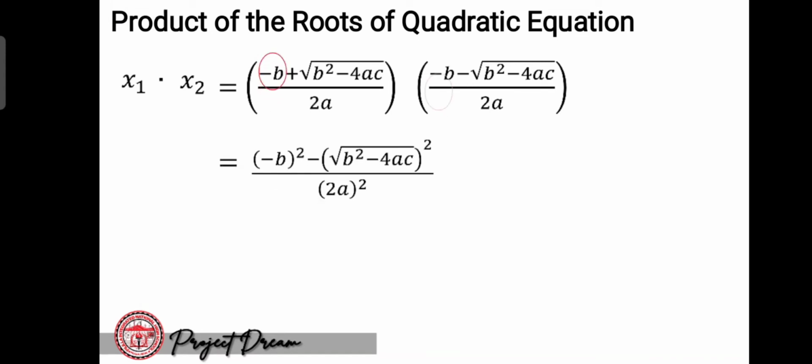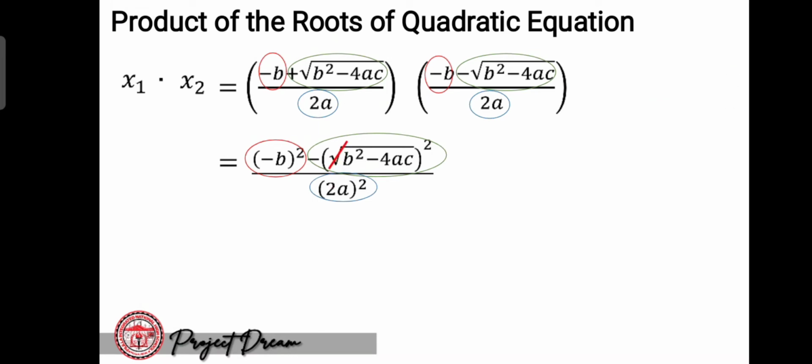Negative b times negative b is equal to quantity negative b squared. Next, positive square root of b squared minus 4ac times negative square root of b squared minus 4ac is equal to negative quantity square root of b squared minus 4ac squared, and then we have 2a times 2a is equal to quantity 2a squared.